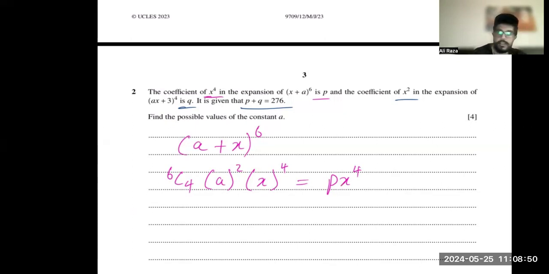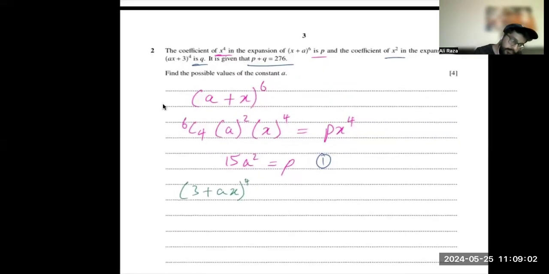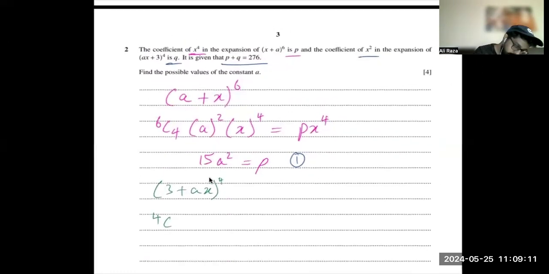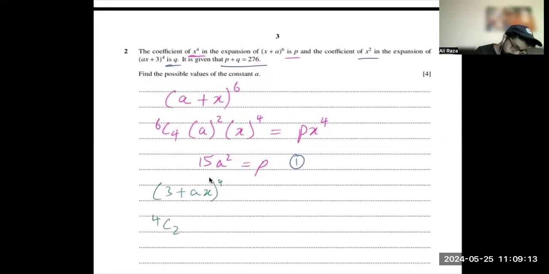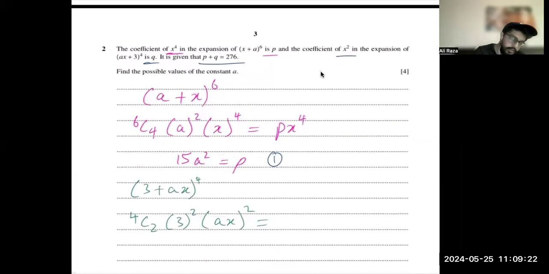And then for the other expansion, we have (ax plus 3) power 4. We can write it down as (3 plus ax) power 4. We need the coefficient of x squared, so we'll find the term 4c2, 3 squared and (ax) squared is equal to q x squared.